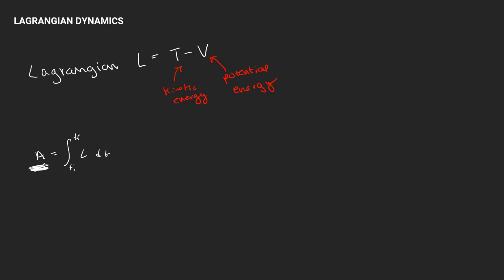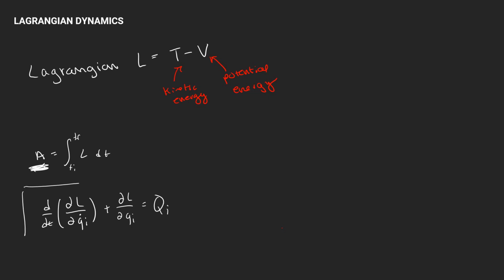And in fact, it can be shown that the minimum of this action, A, so of this integral here, is equal to the following. I'm going to write out the equation, and then I'm going to actually explain what all the terms are. It's equal to the time derivative of the partial derivative of our Lagrangian with respect to q dot i, plus the partial derivative of the Lagrangian with respect to q i, and that is equal to capital Q i.